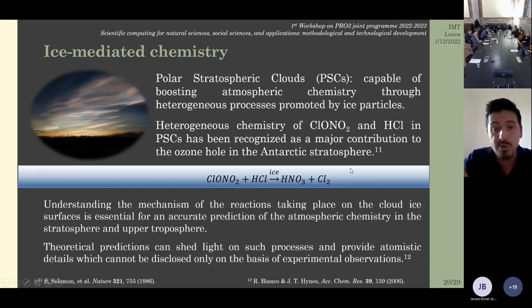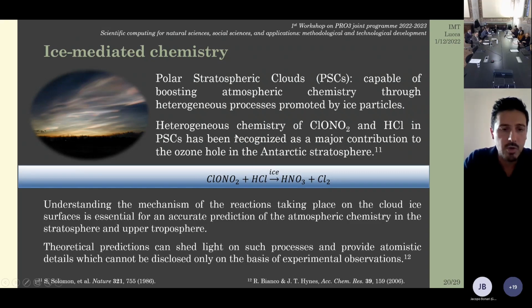Then, during the Antarctic spring, with the rising temperature, chlorine is released again in the atmosphere, and then it undergoes homolytic dissociation because of the UV radiation from the sun, and the chlorine atoms formed in this way catalytically destroy the ozone layer, and this resulted in an enhancement in the depletion of the ozone layer in the Antarctic.